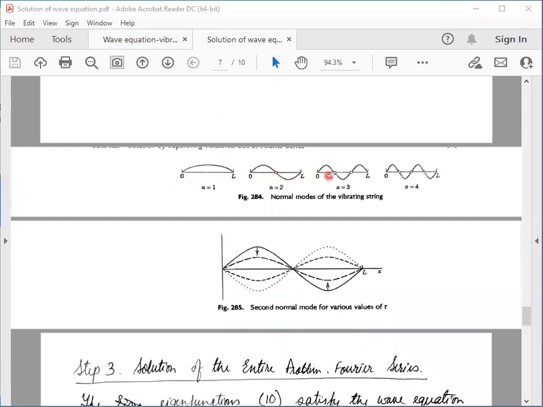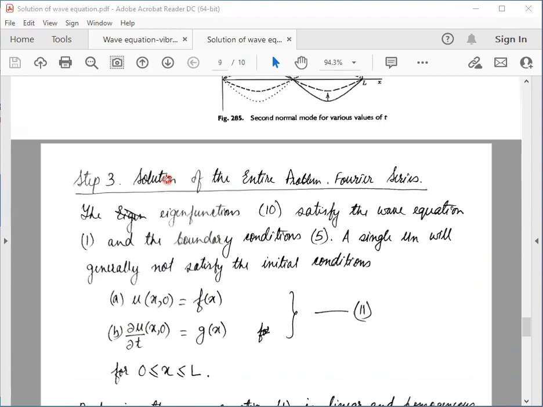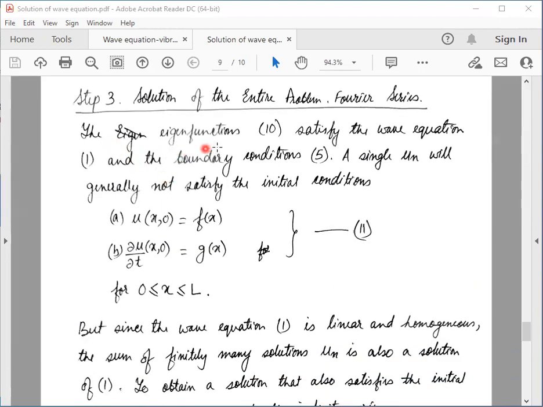And these are plots of some possible solutions. The eigenfunctions, equation 10, satisfy the wave equation 1 and the boundary conditions.